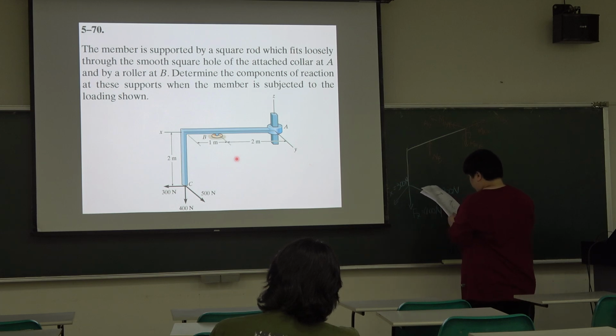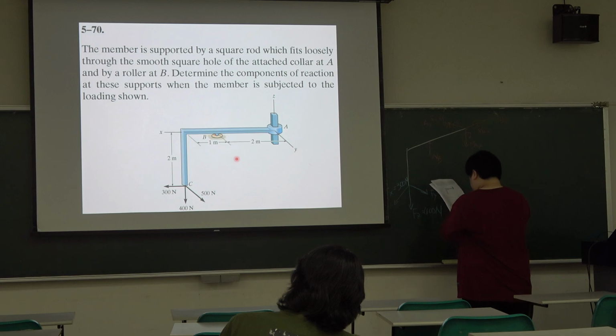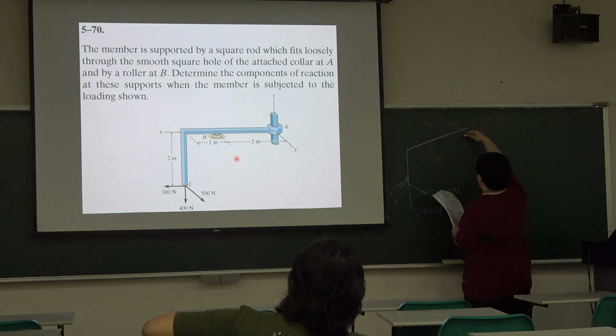Okay, so we have so many forces in this free body diagram, but we only need to determine the moment. So we can set the moment point at point A. If you set it at point A, you don't care about Ax, Ay, Az.